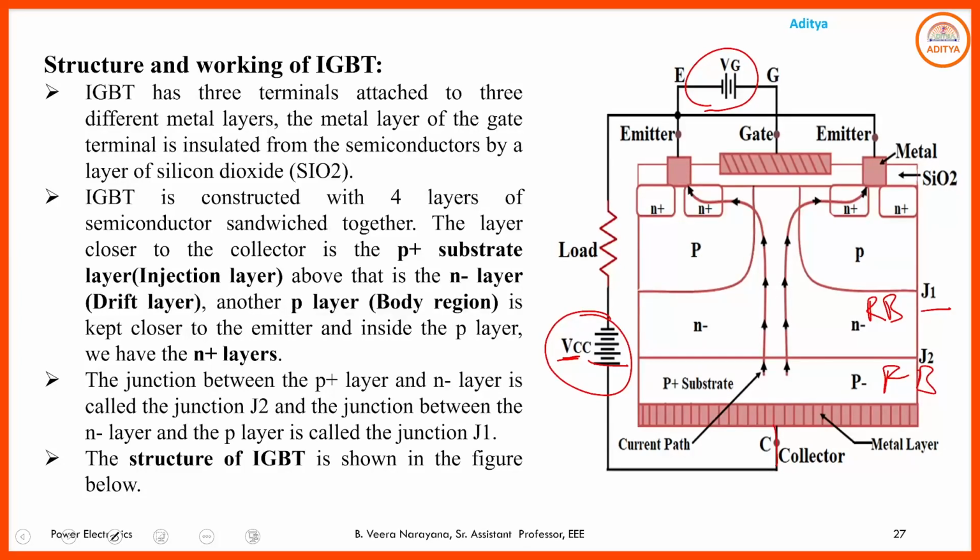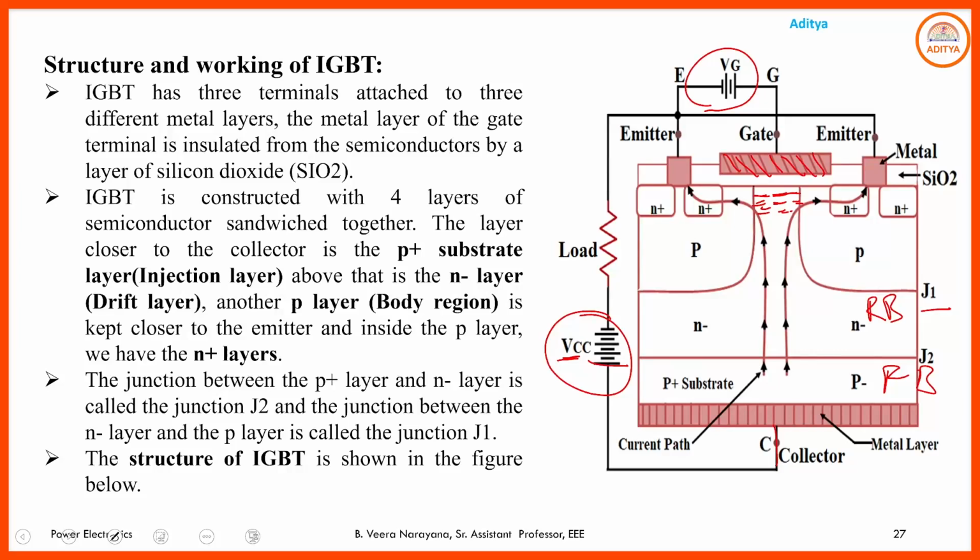If you increase the voltage across the gate and emitter terminals, electrons accumulate below the silicon dioxide layer. As you keep increasing the voltage, negative charge carriers form below the silicon dioxide layer.